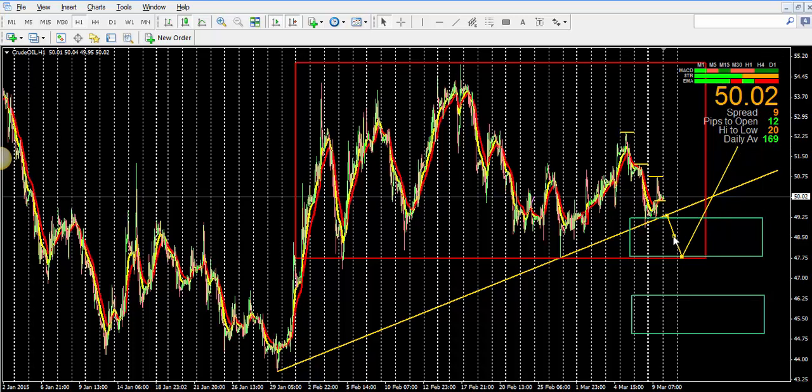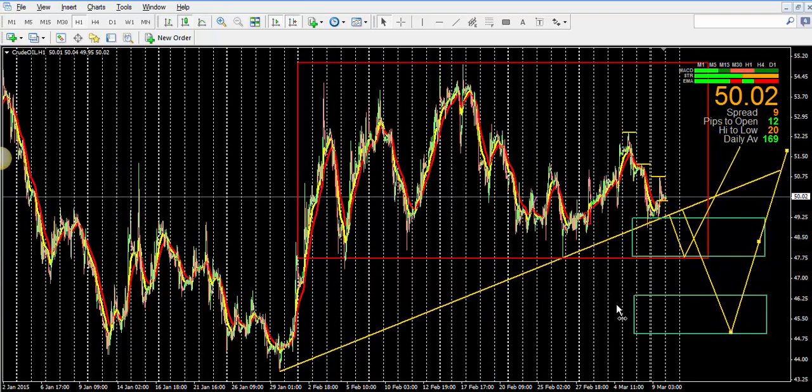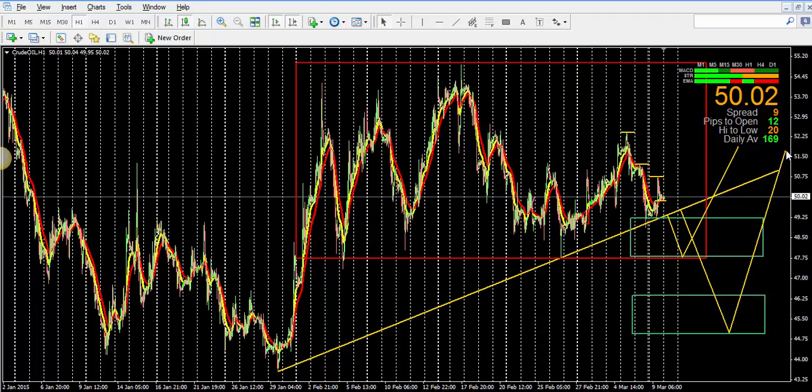Otherwise, you can also do it like this. If this one also fails, you can let the market go down and continue from here towards the upside. Makes sense? These are the two options. You want to look for the moving averages to show a buy cross at these areas.